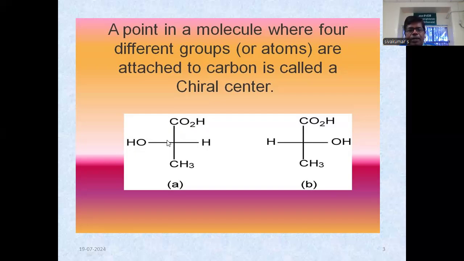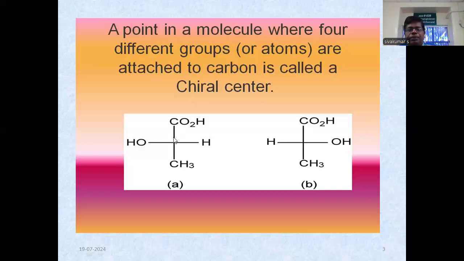The 4 valencies of the carbon are satisfied by 4 different atoms or groups, here carboxylic, hydrogen, methyl and hydroxyl. Therefore, the center is said to be an asymmetric or chiral center.